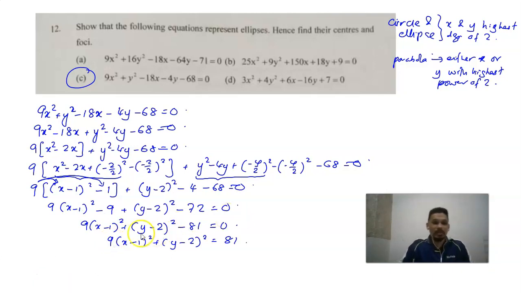So what we can do now is divide everything by 81. So 9 divided by 81, (x minus 1) squared, plus (y minus 2) squared divided by 81 equal to 1.